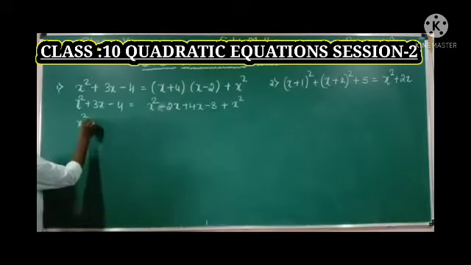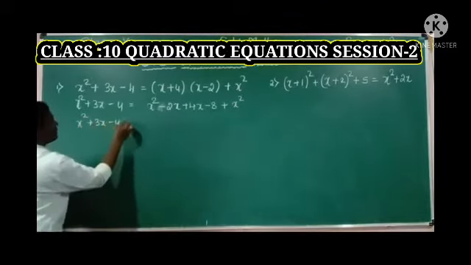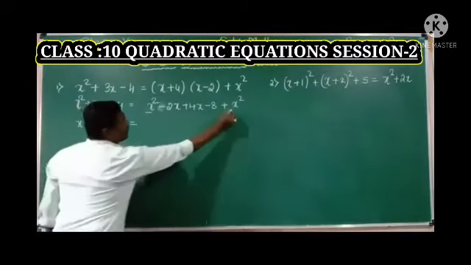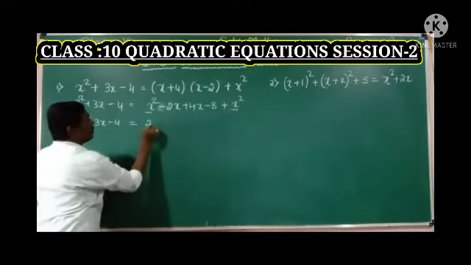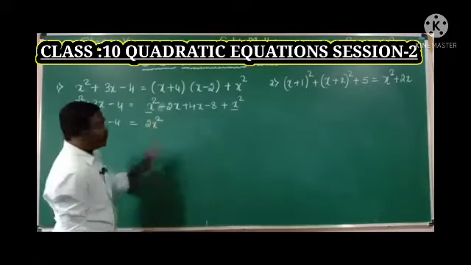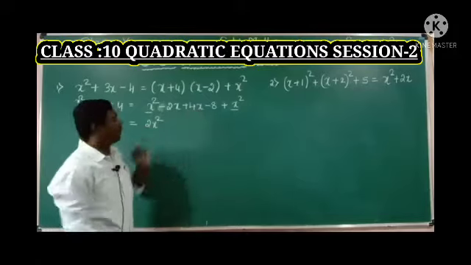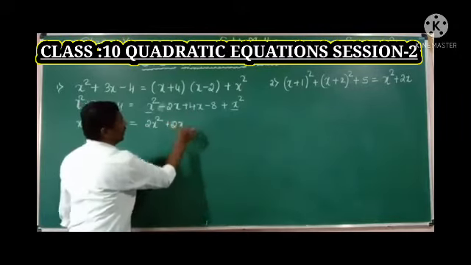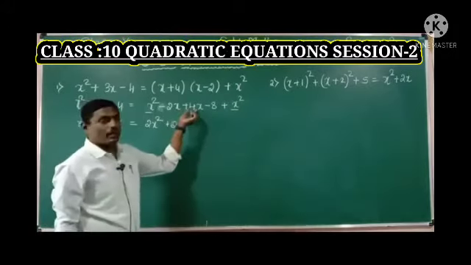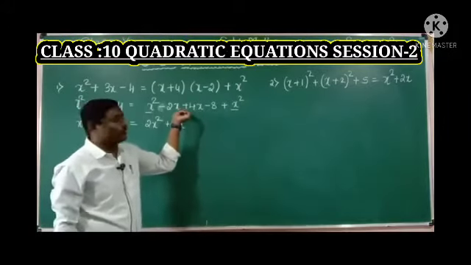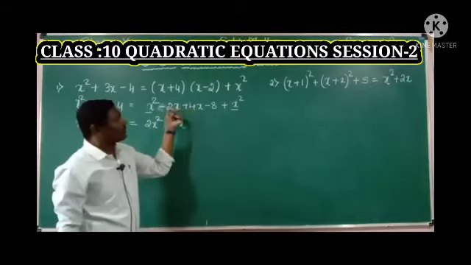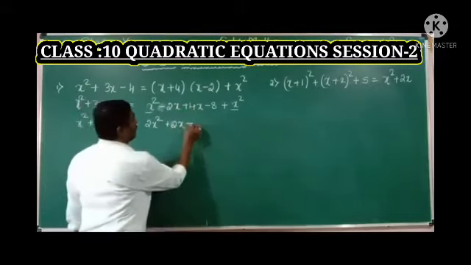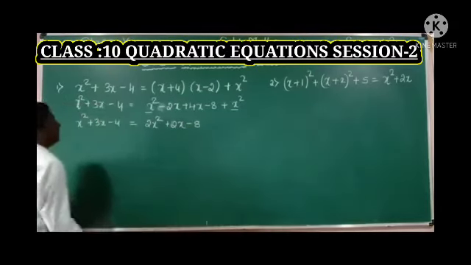x square plus 3x minus 4 equals x square plus x square, 2x square, minus 2x plus 4x. It becomes plus 2x because the higher value has a positive sign, right? So minus 2x plus 4x is equal to plus 2x minus 8, right?